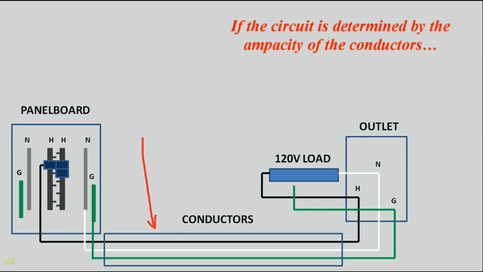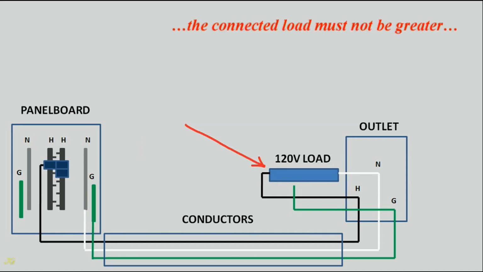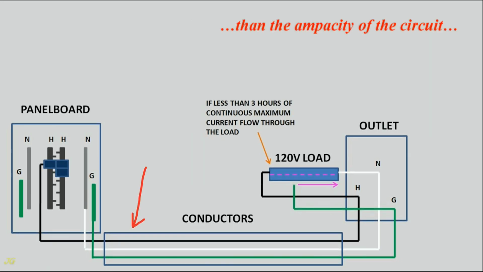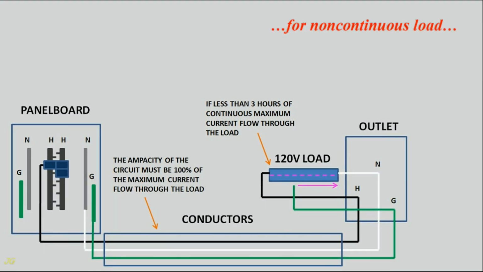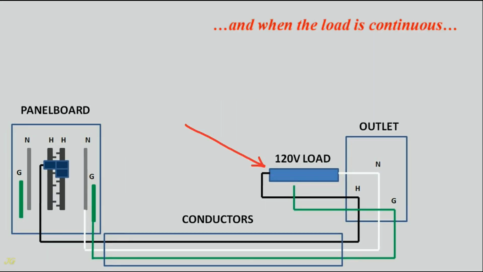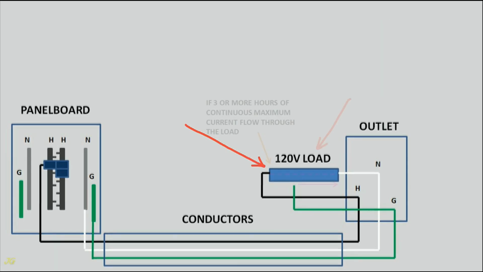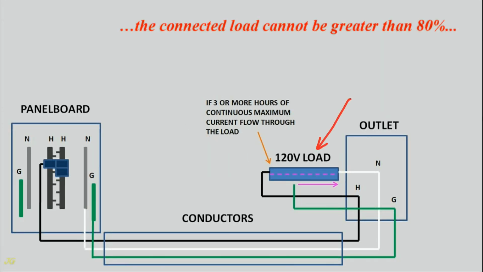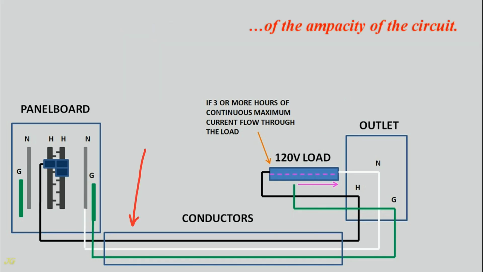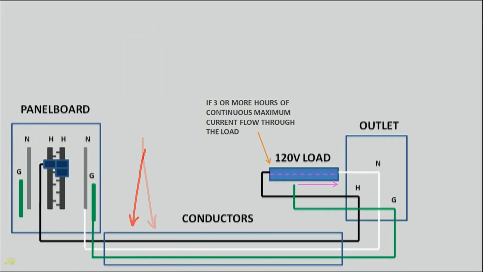If the circuit is determined by the ampacity of the conductors, the connected load must not be greater than the ampacity of the circuit for non-continuous load, and when the load is continuous, the connected load cannot be greater than 80% of the ampacity of the circuit.